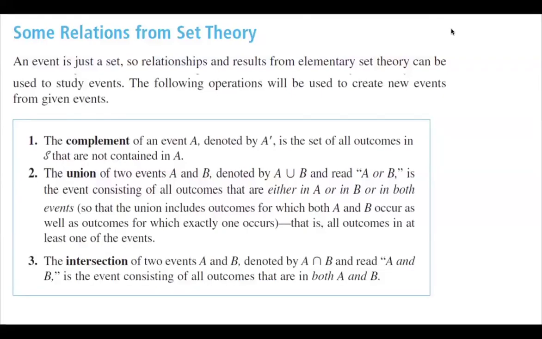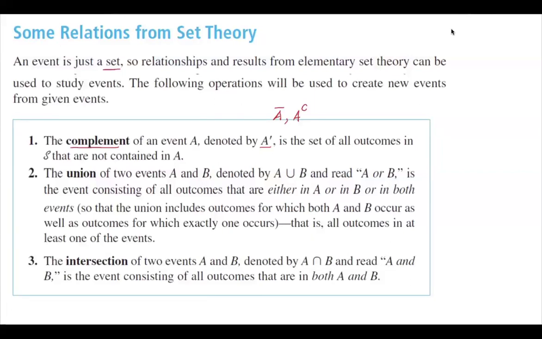An event, as you remember, is just a set, and the relationships and results from elementary set theory can be used to study events. Remember that the complement of an event is denoted by A prime. We frequently use A bar or A complement in place of A prime as well.